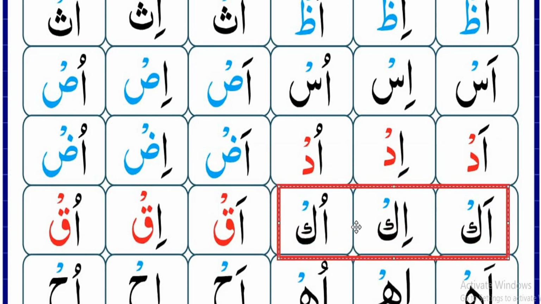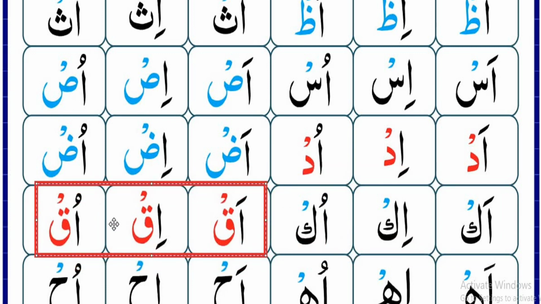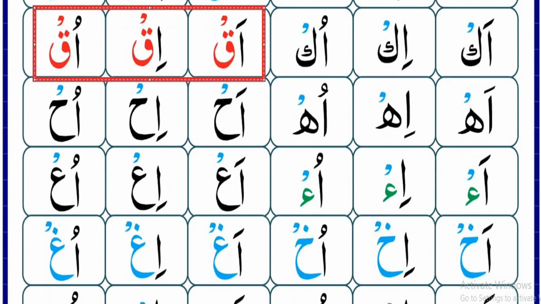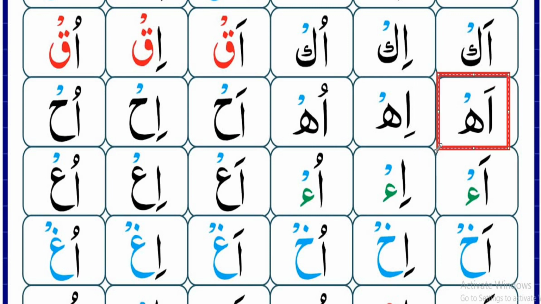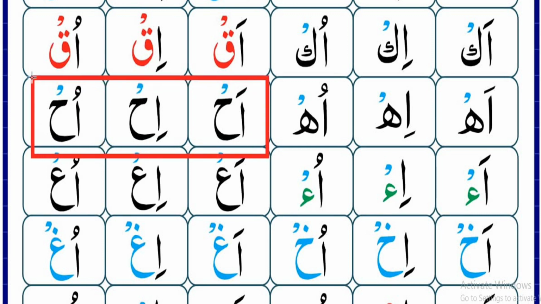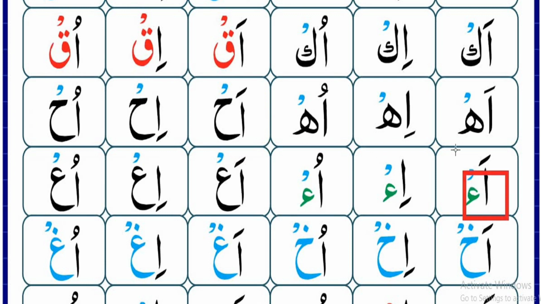And this one is ak, ik, ok. The other one, qaf, is again a qalqala letter. And this one is ah, ih, oh. Now this one is a bit different, because it's hamza sakin, and you read hamza sakin a bit differently.